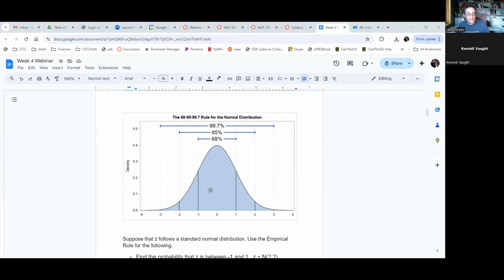It's symmetric, so the mean is equal to the median, right at 0. And the standard deviation turns out to be 1 for the standard normal distribution.